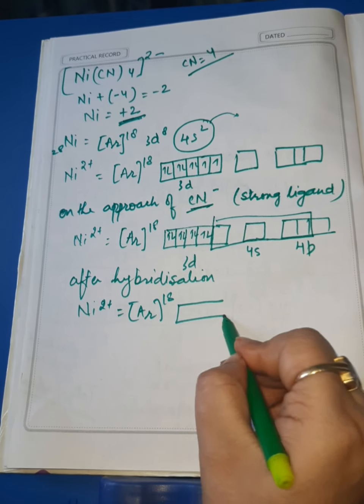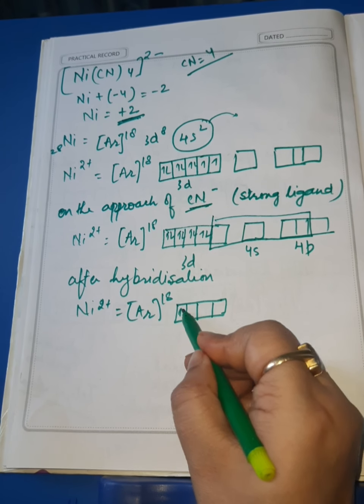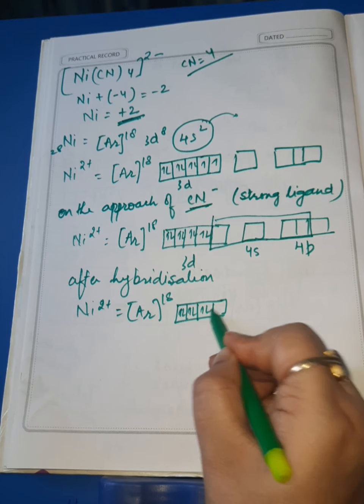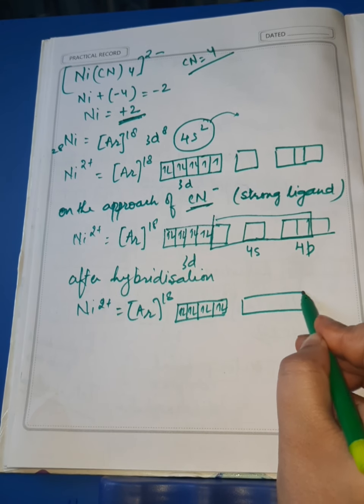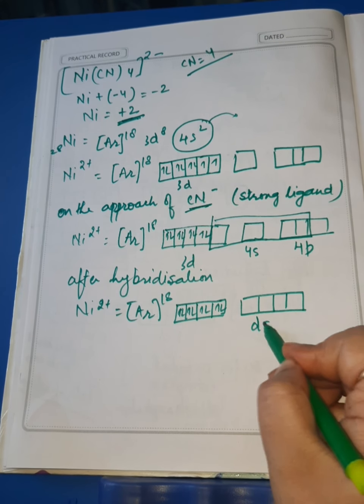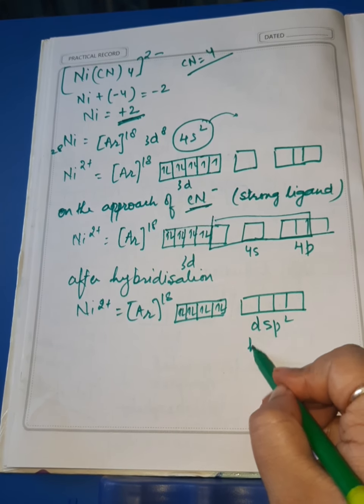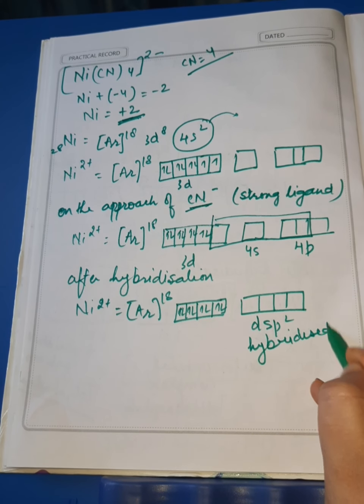Now these are the 3D orbitals, 4 orbitals which did not take part in the hybridization with the paired electrons, and 4 dsp2 hybridized orbitals.